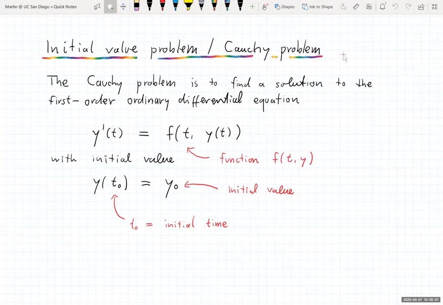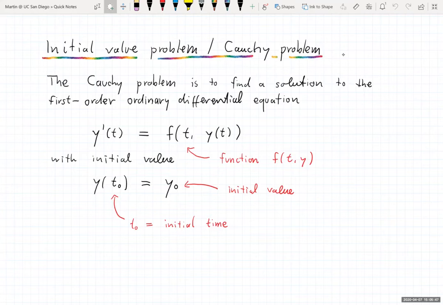So the results that we're going to talk about apply to the Cauchy problem or the initial value problem. Let us bring this problem back to our awareness. So the Cauchy problem asks for the solution of an ordinary differential equation of first order, where we've got y prime of t equal f of t and y of t.